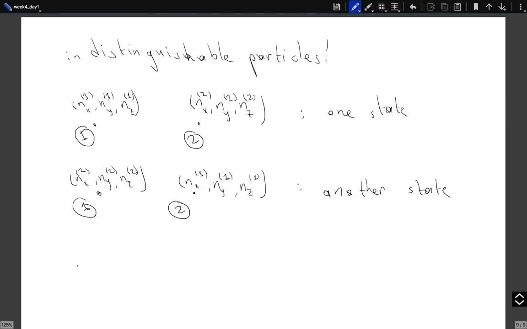If there are, let's say, n identical particles, then we can assign these quantum numbers to these identical particles in n factorial different ways.